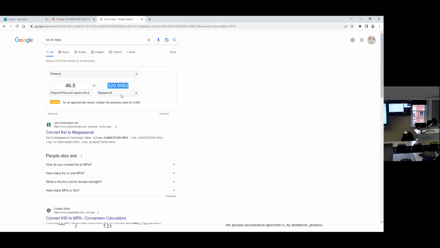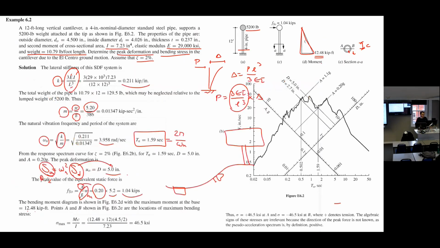Let's get back to it. We had different grades for steel. The most common grade was S235, which means that Fy is 235 megapascal.